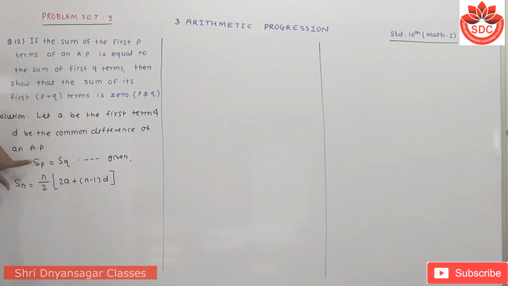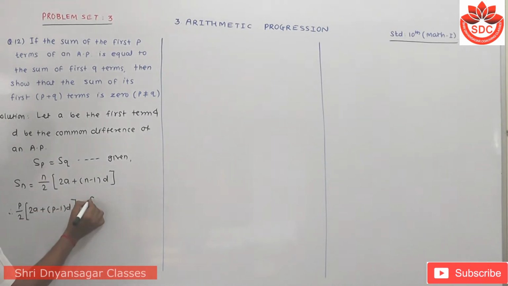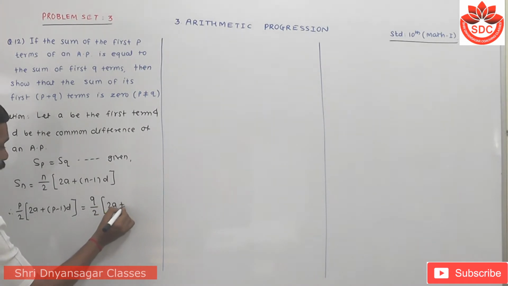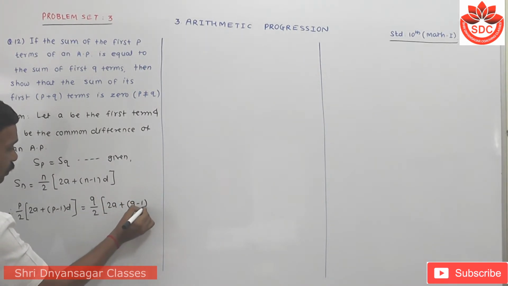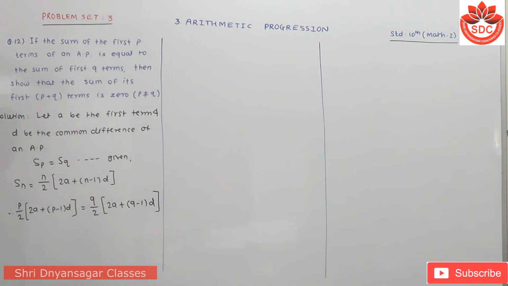Then the equation becomes, therefore I will write here: p upon 2 in bracket twice a plus p minus 1 into d is equal to q upon 2 in bracket twice a plus q minus 1 into d. Can you understand how to substitute here?